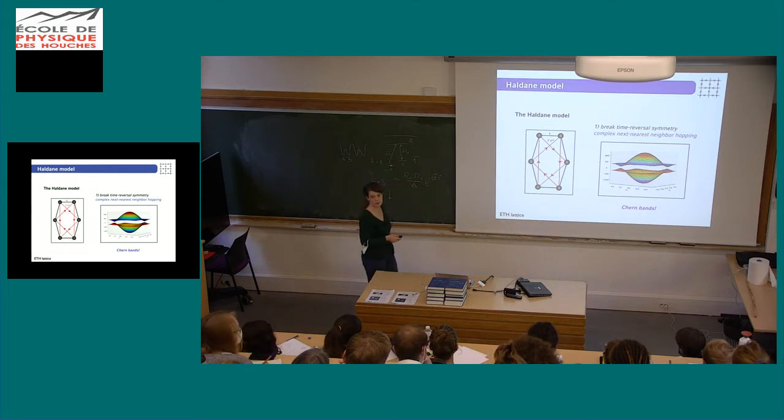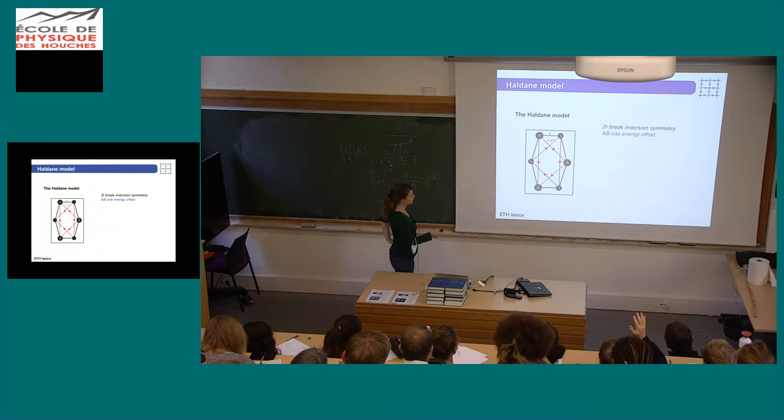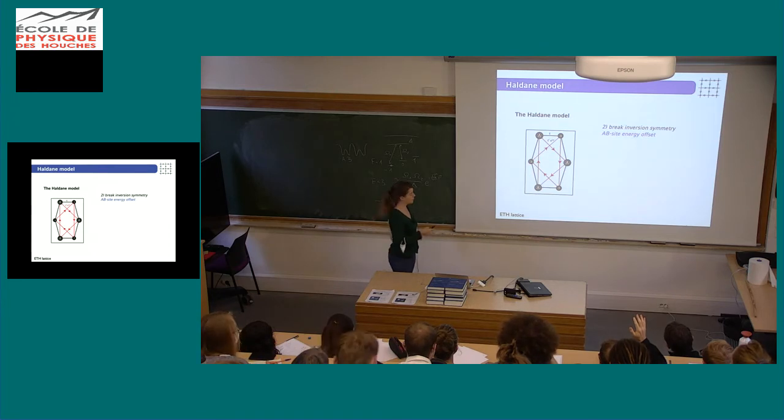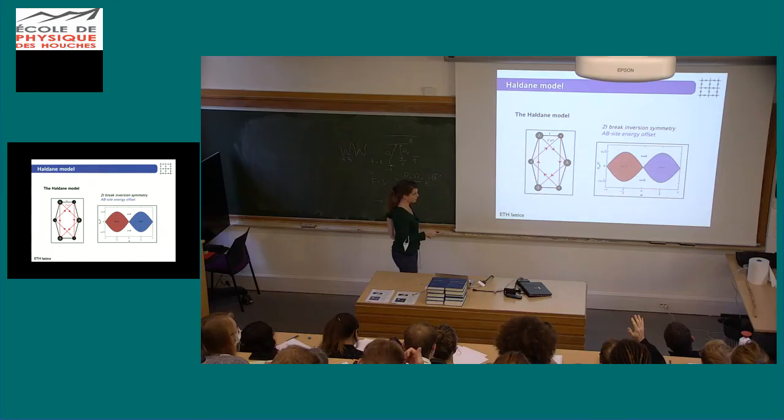So it's Chern number plus or minus 1, depending on the direction of the circular shaking, the chirality of the shaking that you apply. Now, if you instead also apply an energy offset, so you make the sublattice A deeper, let's say, then you also open up a gap, but you don't induce non-trivial topological properties.